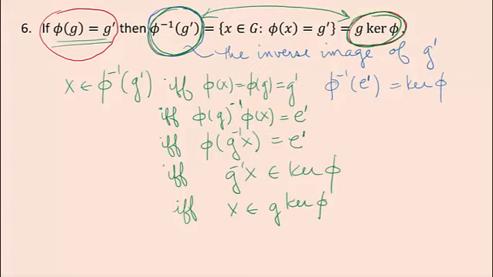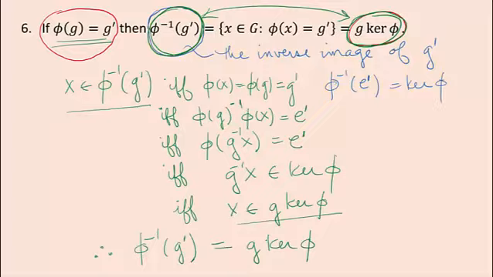Now, since all of these were if and only if statements, it's just different ways of saying the same thing. We didn't apply any theorems or anything. We're just using the definition of these different sets. Since these are a series of if and only if statements, we can say then X lives in the inverse image of G prime if and only if it lives in G kernel phi, so we can conclude then that the inverse image of G prime is equal to G kernel phi.